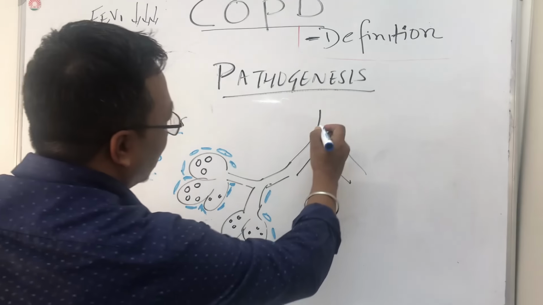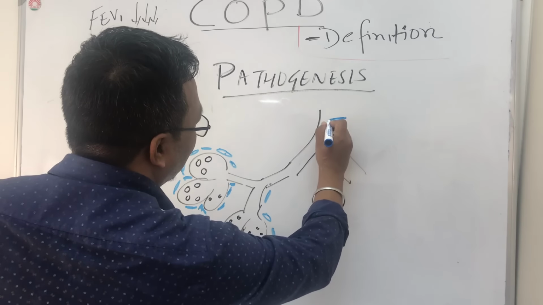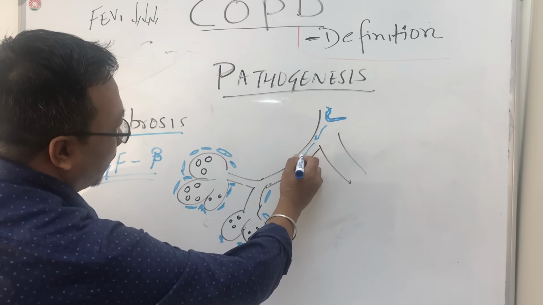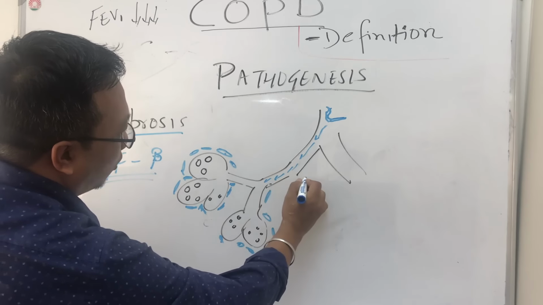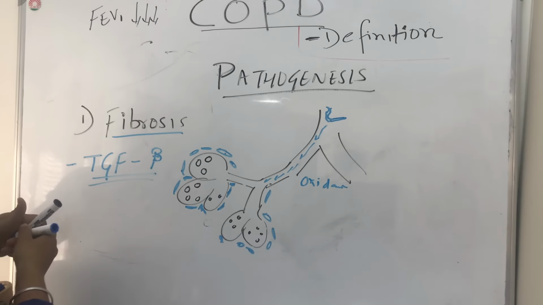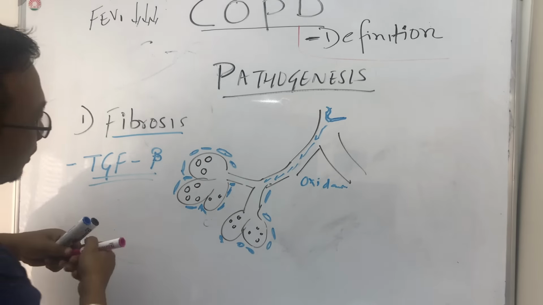Now because of smoking, the smoke particles, that is the oxidant stress, come in. When a person is smoking, this smoke that is inhaled activates the macrophages.